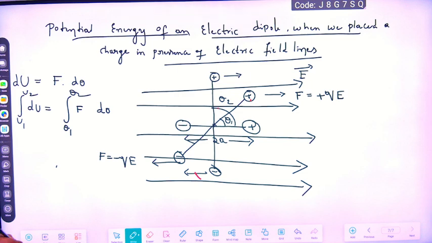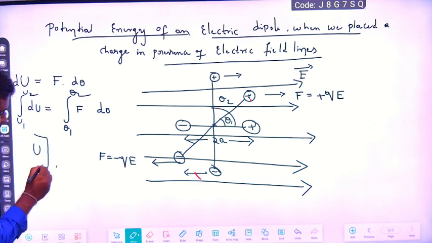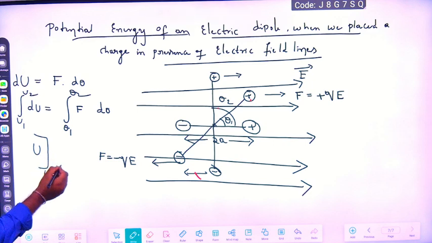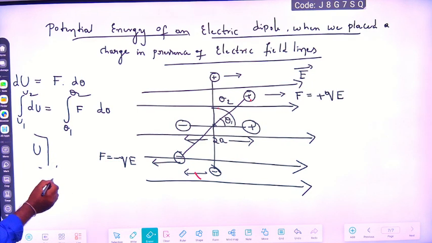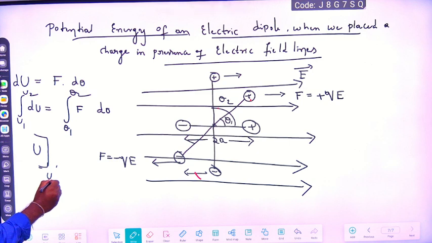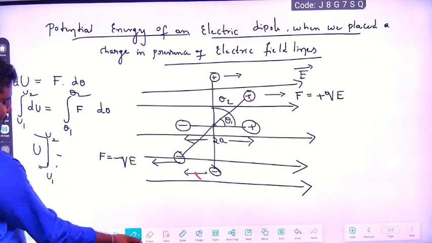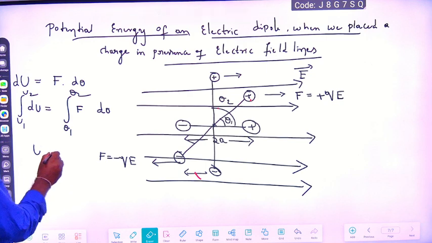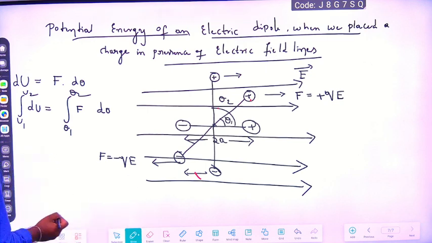Now, can you please tell what is the integration of dU? It is U, from the limits u1 to u2. I am sorry, here there is no space, I will erase here and write again.